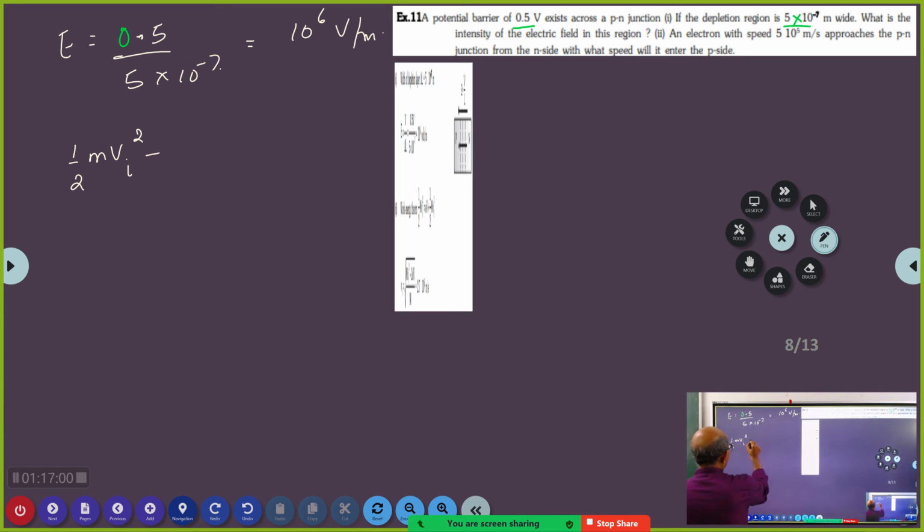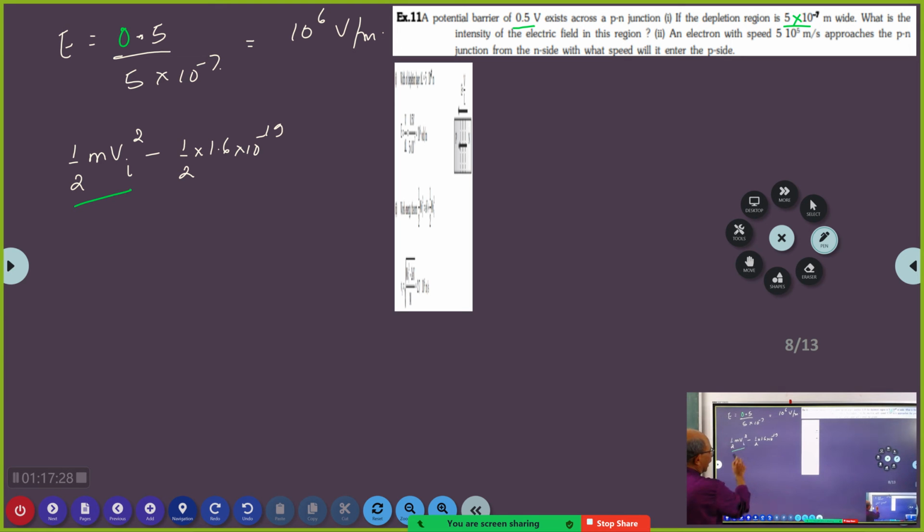So this minus the potential energy lost in the depletion region. What is the potential energy barrier here? 0.5 volts. So 0.5 volts into the charge of the electron, 1.6 into 10 to the power of minus 19.